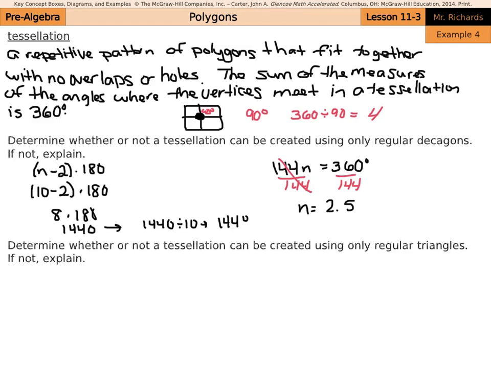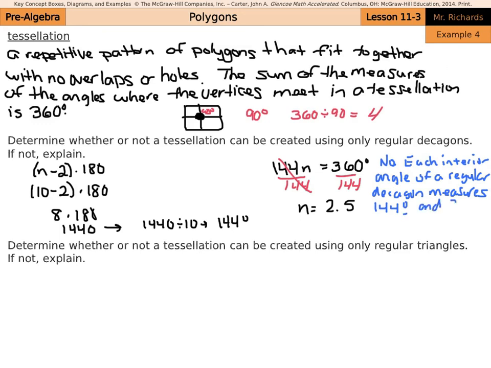So for our answer, what we can write is no. Each interior angle of a regular decagon measures 144 degrees and 360 degrees is not evenly divisible by 144 degrees.